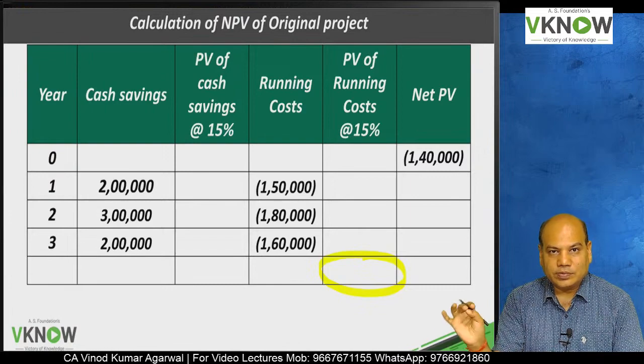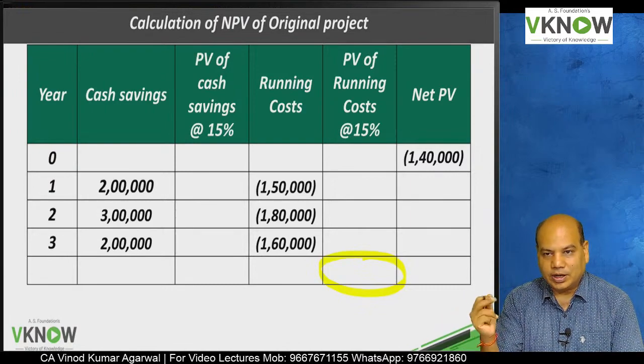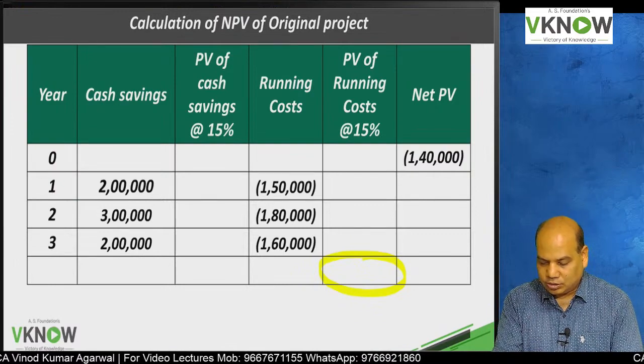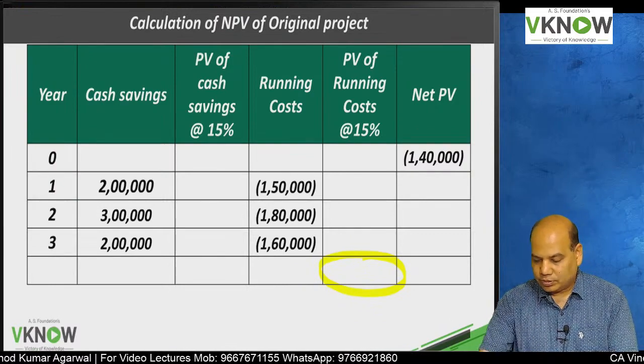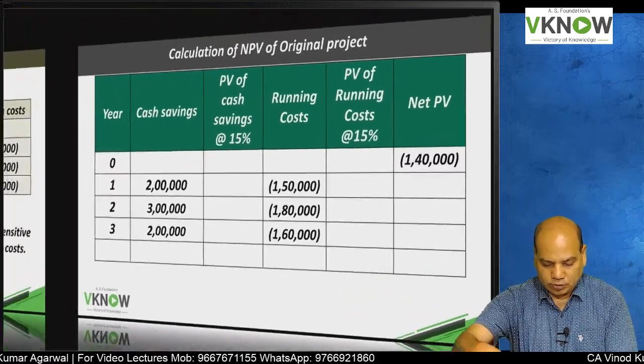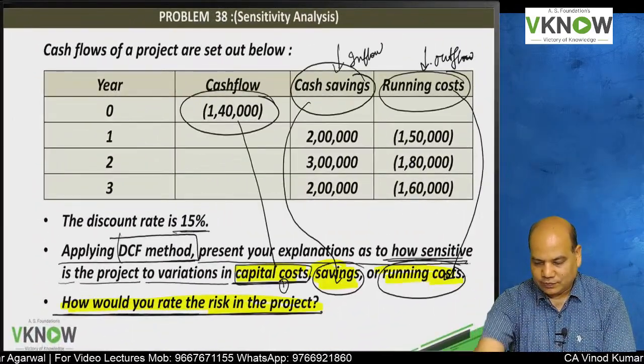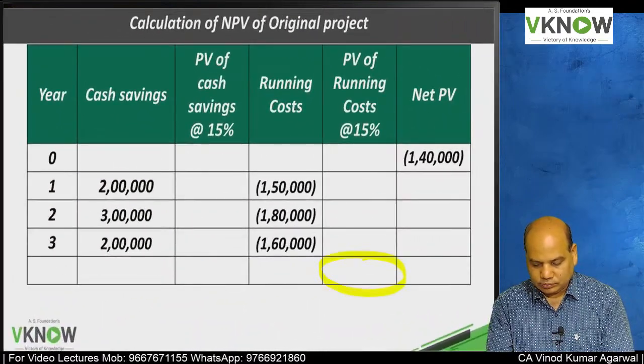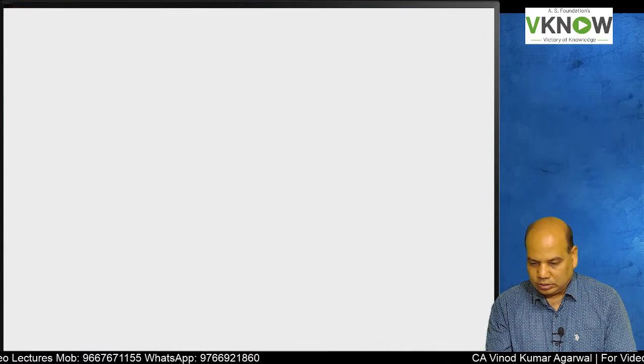So my margin of safety is the same NPV, but when we'll divide by the PV of running cost. Is it right? So please solve yourself now. Write down sensitivity analysis.